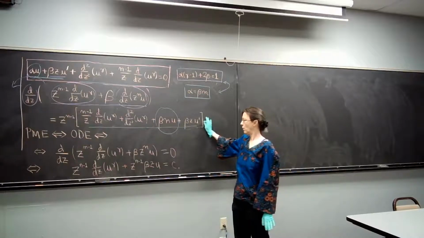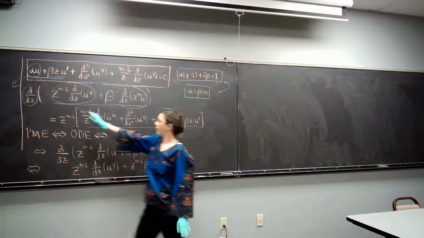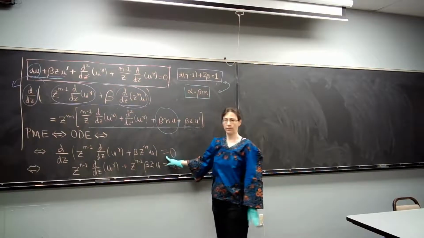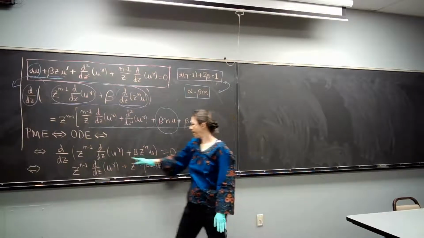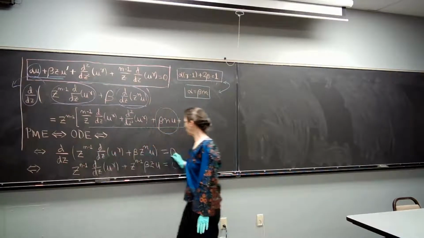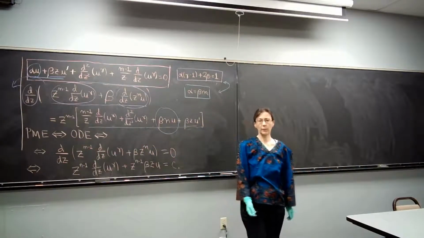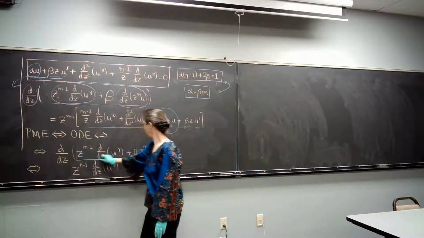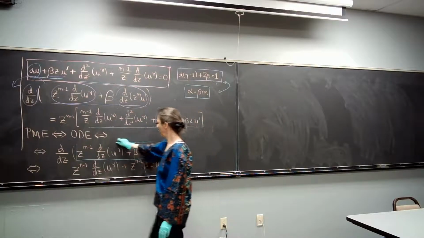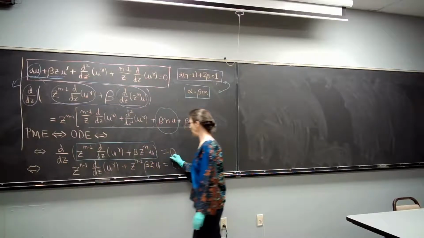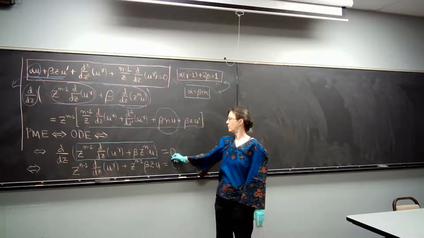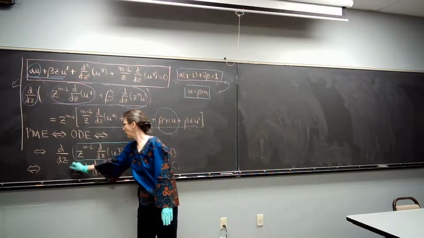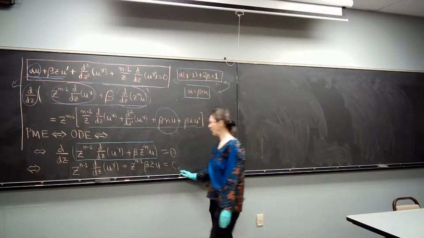So this will hold if and only if the first derivative, d/dz of this linear combination, is equal to 0. The first derivative of a function is equal to 0 if and only if that function is equal to a constant.